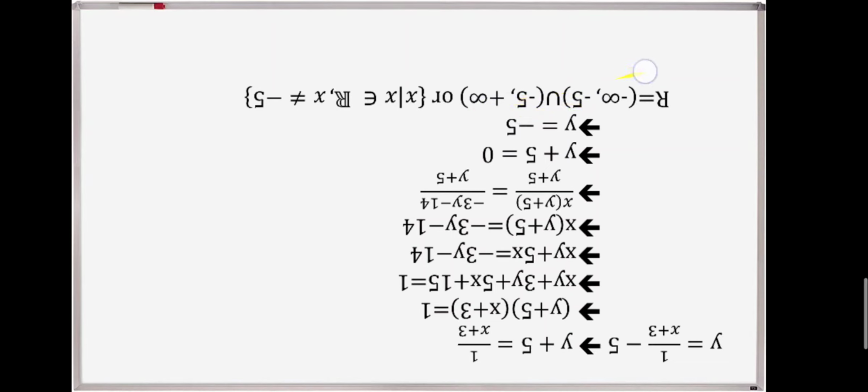In interval notation, the range is negative infinity to negative 5 union negative 5 to positive infinity, and we use parentheses to denote that negative 5 is not included. In set notation, we have y such that y is an element of real numbers, wherein y should not be equal to negative 5.